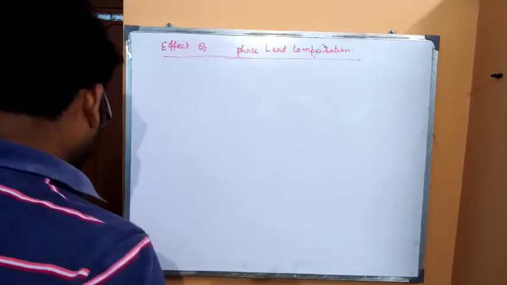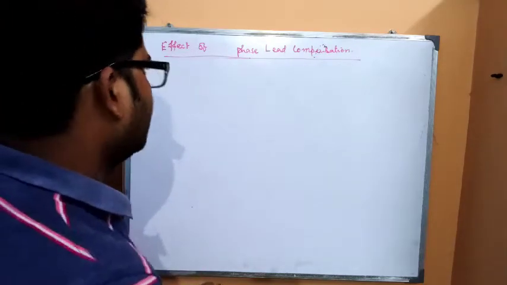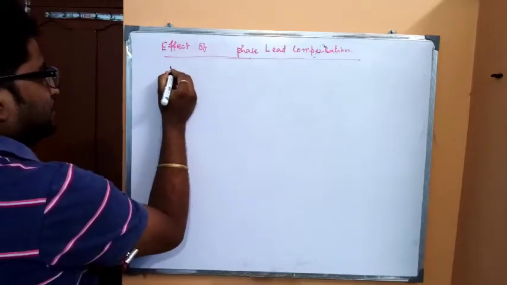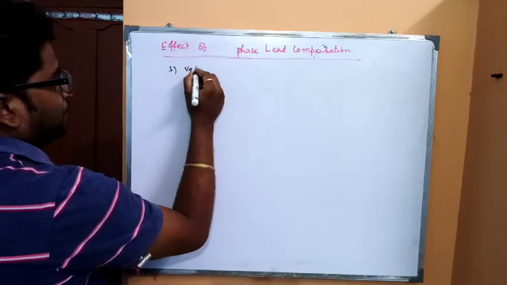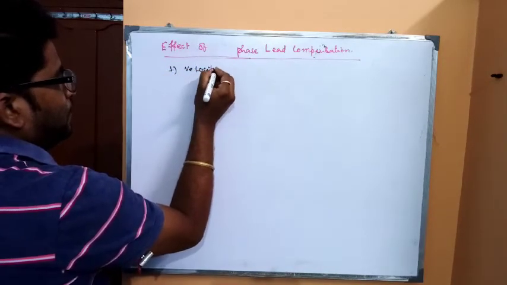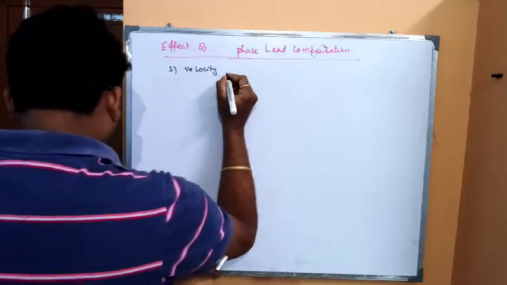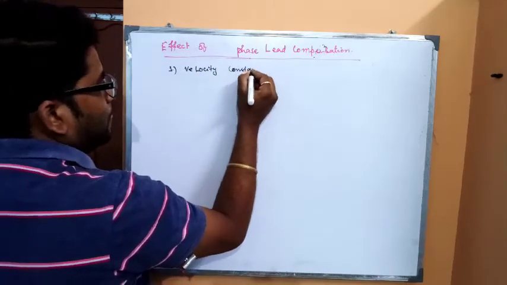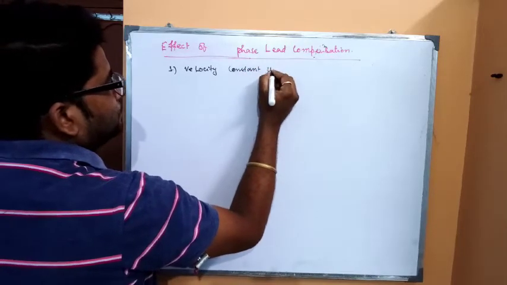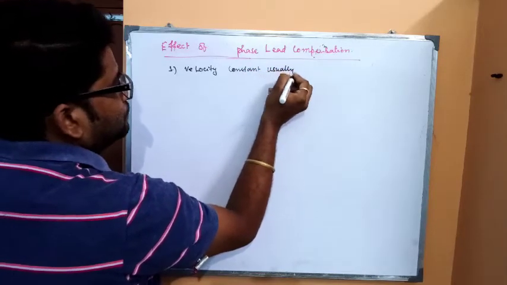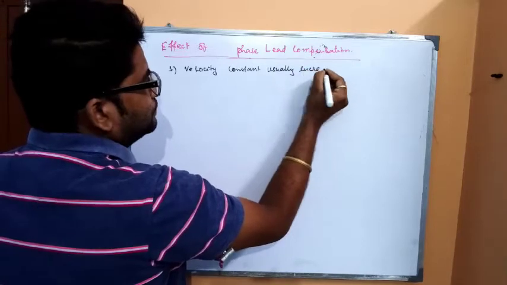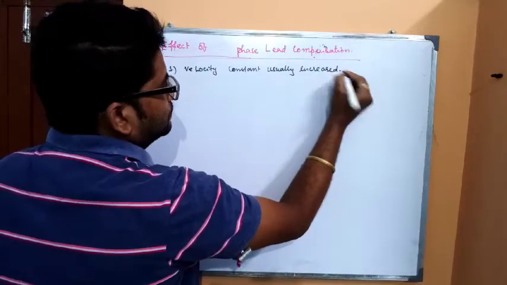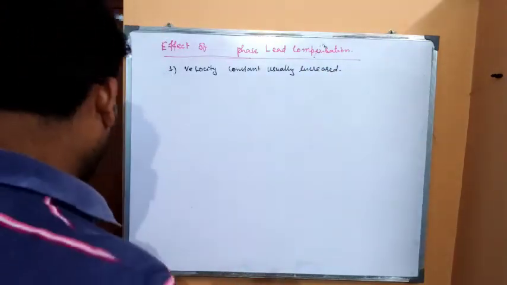The first point is the velocity error constant, or velocity constant, which is usually increased. That is the value of K of v.